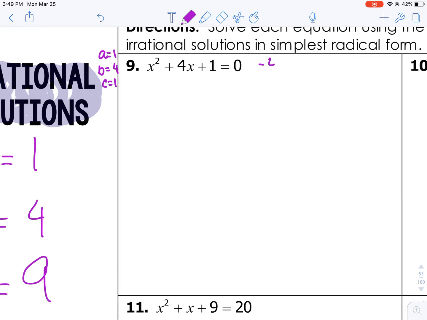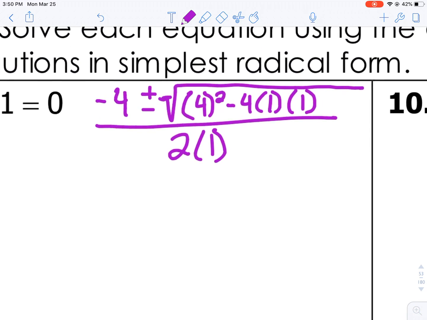Negative B plus or minus the square root, the more you do this, the more that song's going to be stuck in your head. The square root of b squared minus 4 times a times c all over 2a.